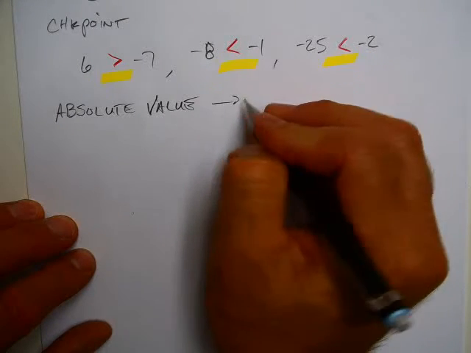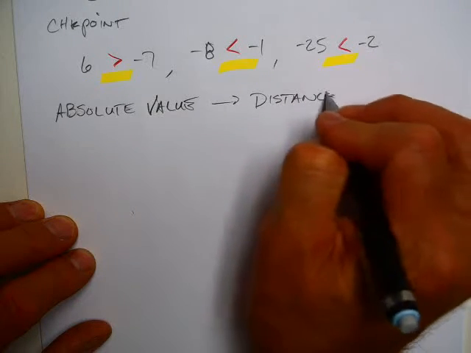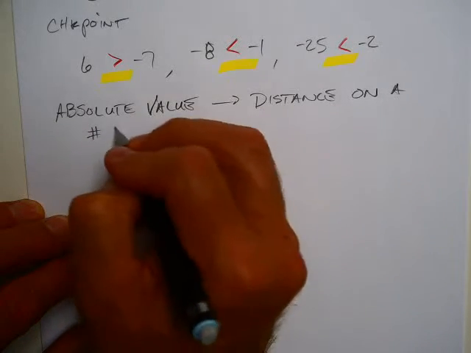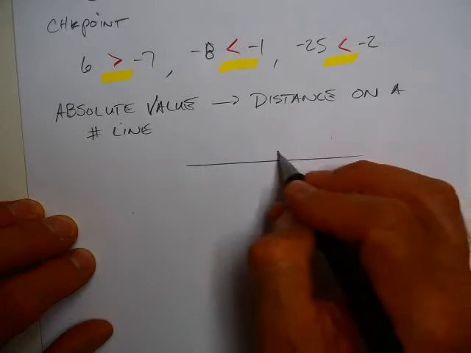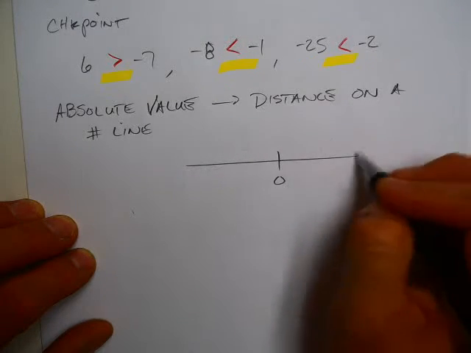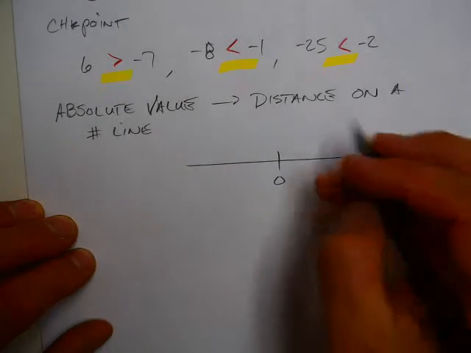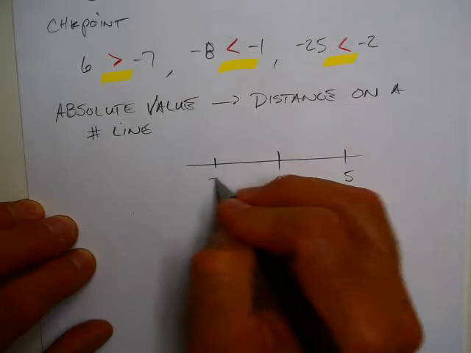Absolute value refers to distance on a number line. So for example, and in this case, sorry, I should have written distance from 0 on a number line. Let's say I have 5 and I have negative 5.